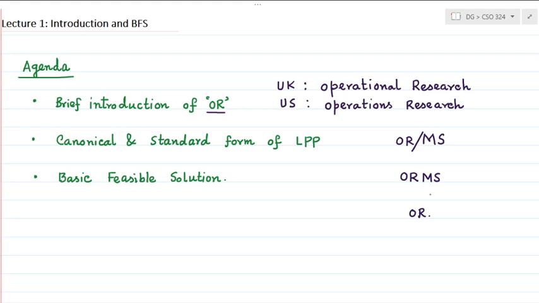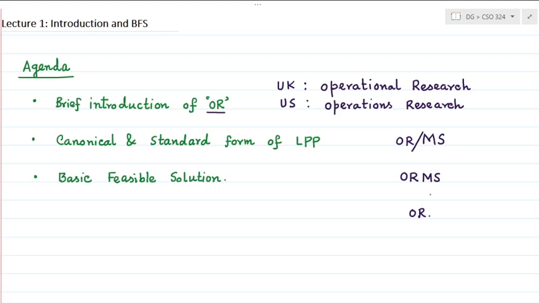And all these things are combined to make a new set of knowledge for decision making. And today OR became a professional discipline which deals with the application of scientific methods for making decisions, and especially to the allocation of scarce resources.